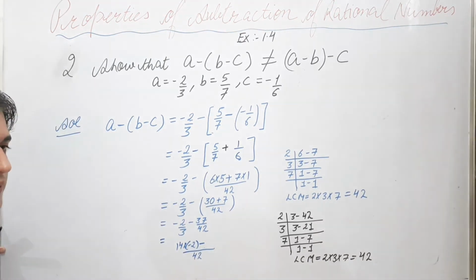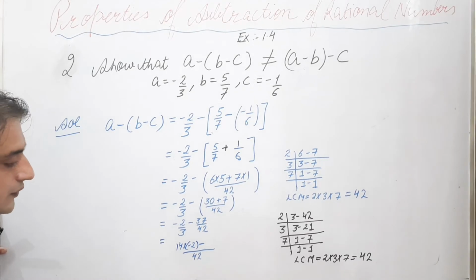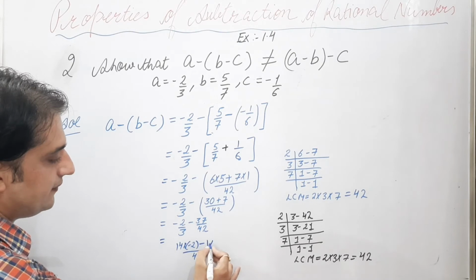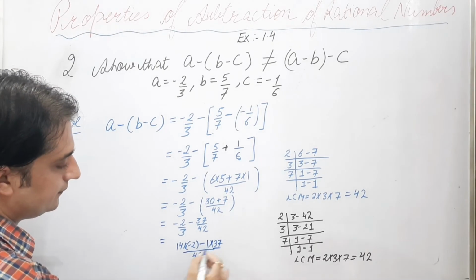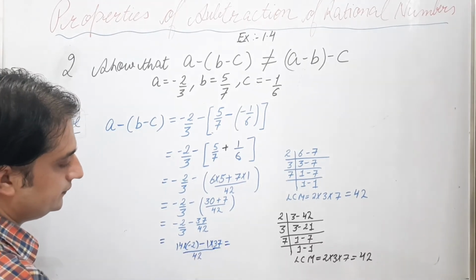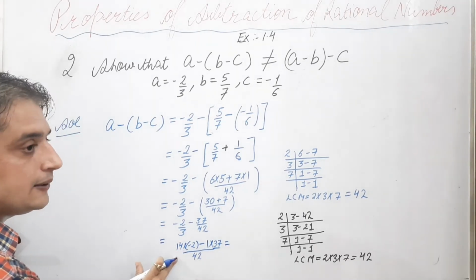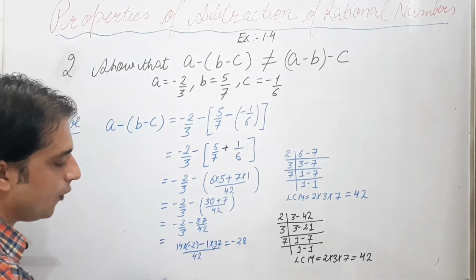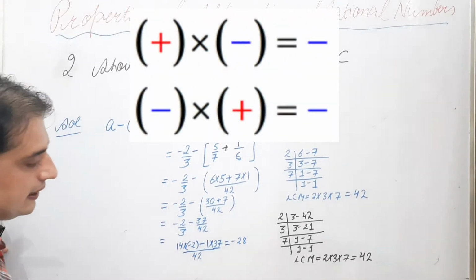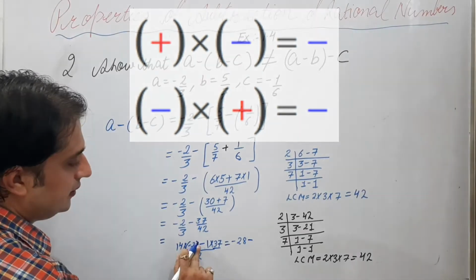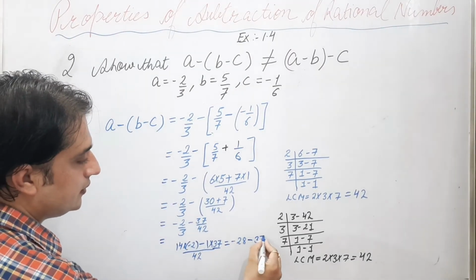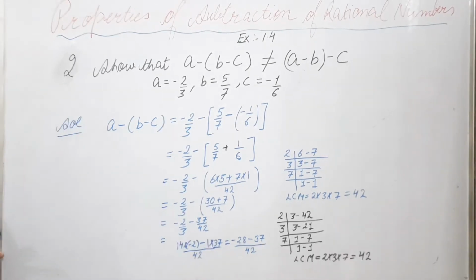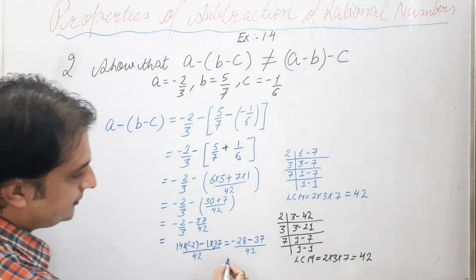When you divide a number with itself, you will get a quotient 1, and which is to be multiplied with the numerator, that is 37. Right? So solve it. 14 multiply minus 2. 14 2s are 28, because the two numbers are of opposite sign, hence their product is negative. Minus 1 multiply 37, upon 42. What is the answer?